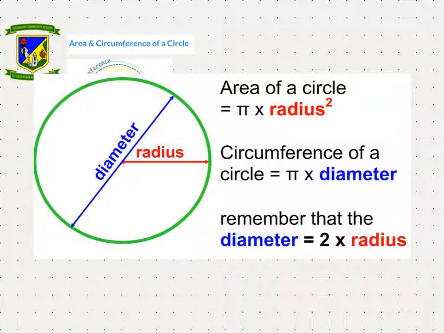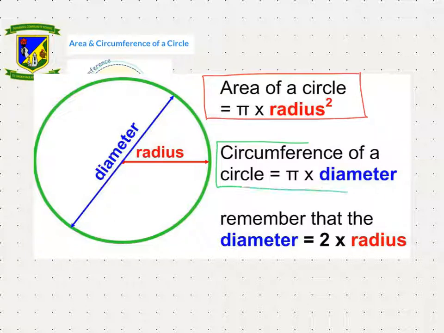Now, to calculate the area of a circle, we have to multiply the value of pi by the radius of that circle squared. To calculate the circumference of a circle, we have to multiply the value of pi by the diameter of the circle. Always remember that your diameter is twice the size of the radius, and equally, that your radius is half the size of the diameter.